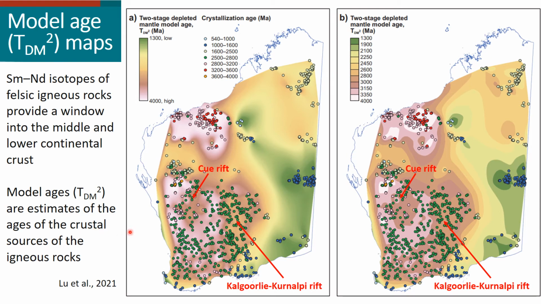It highlights the distinction between Archean cratons such as Pilbara and Yilgarn with old TDM2 and Proterozoic orogens with younger TDM2. It also highlights two possible rift-like structures in the Yilgarn craton, such as the Kalgoorlie-Kalpi rift in the eastern Yilgarn and the Qu rift in the western Yilgarn.